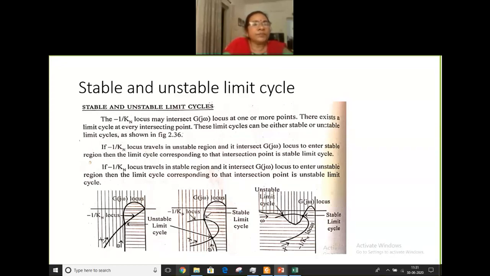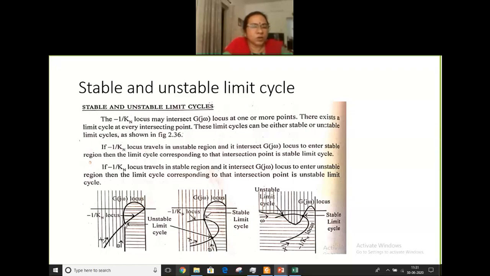Now, the condition is: if the minus 1 by kn locus travels in the unstable region and intersects the g omega locus to enter the stable region, then the limit cycle corresponding to that intersection point is a stable limit cycle. Now we will see whether it is a stable or unstable limit cycle. This one is an unstable limit cycle.